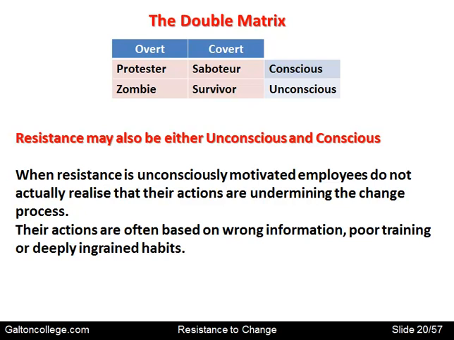Their actions might be based on wrongful information, poor training, or it might be deeply ingrained habits. People work in an institution or a company for a long time. They have certain routines. The change might be proposing to change those routines, and people are unconsciously unhappy and opposing the change. They're not committed to it. They're not participating.